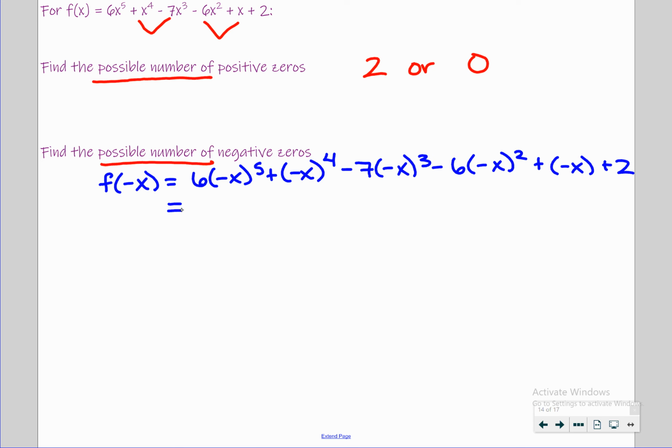Will the first term be positive or negative? Negative. Will the second term be positive or negative? Will the next term be positive or negative? What about the next one?